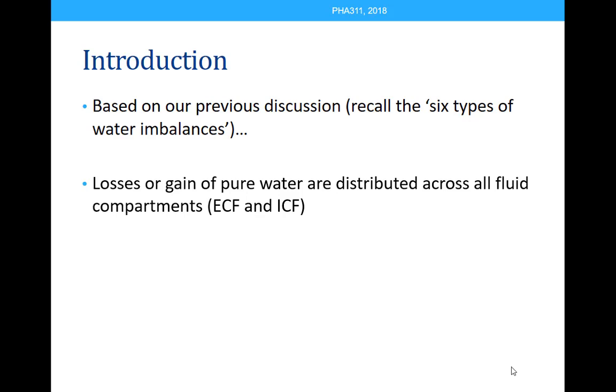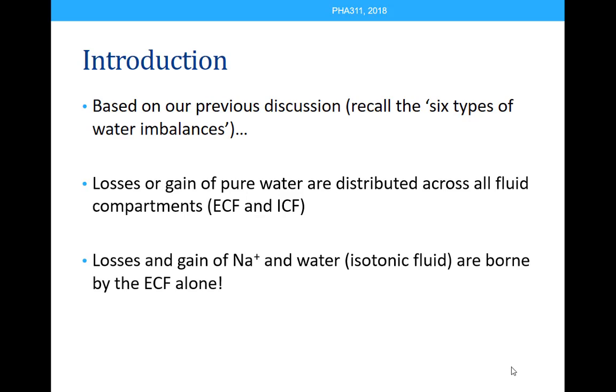So, if you have gained 2 liters of water, okay, some of it will go to ECF, some of it will go to ICF. It will be in both. If you lose pure water, you lose from both compartments, ECF and ICF. Because of osmolality, the water will move.